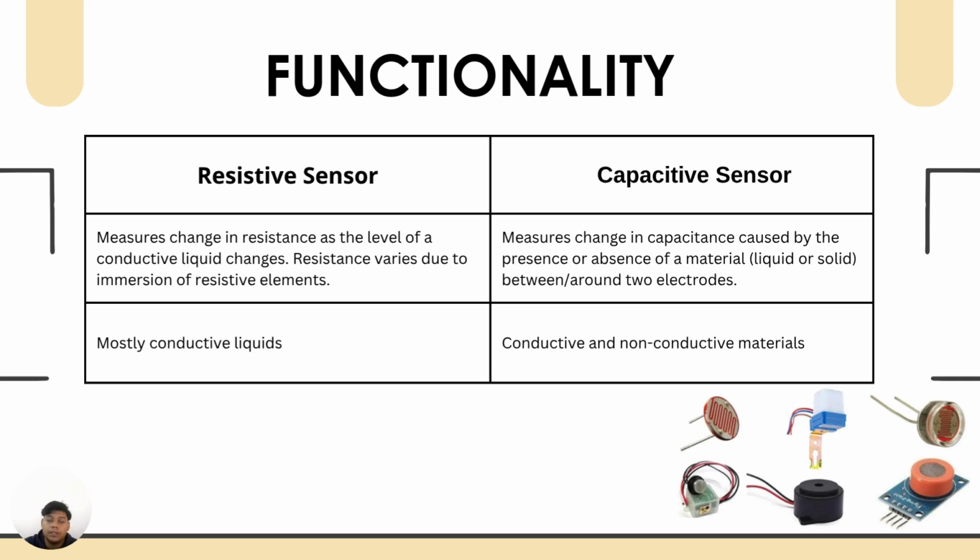This change is then converted into a level reading. This method is more reliable and more flexible because it doesn't require the material to be conductive. A capacitive sensor can detect non-conductive material like oil, plastic pellets, or grain, making it more versatile.